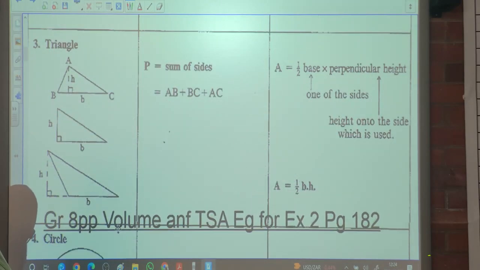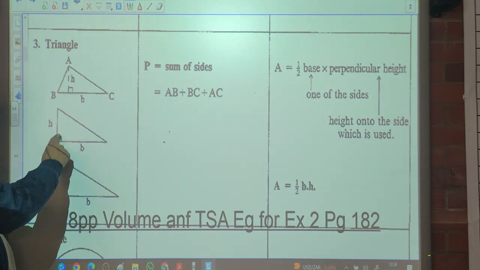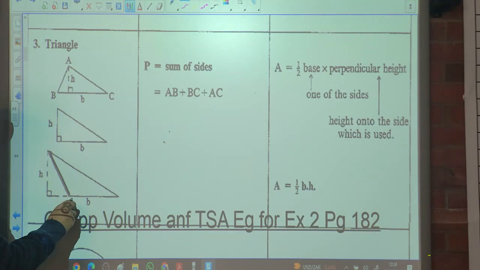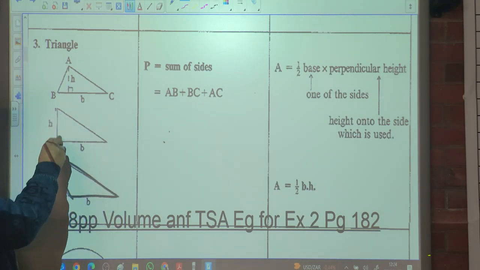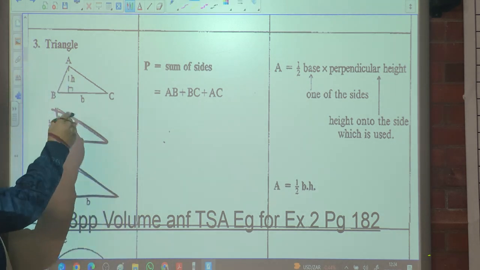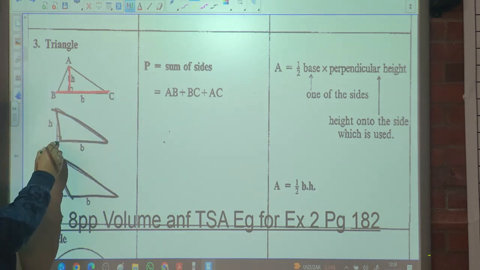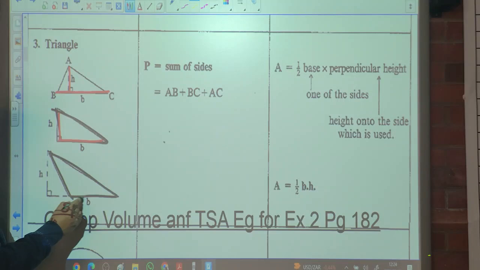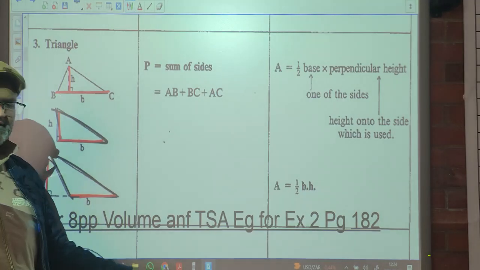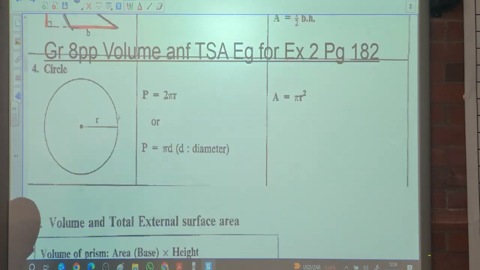With a triangle, however, the perimeter is going to be the sum of the sides. Not so? The sum of the sides, which is that length, but that's for the perimeter. Okay? Whereas for the area, it's going to be half a base times perpendicular height. That's how you calculate the area of a triangle.